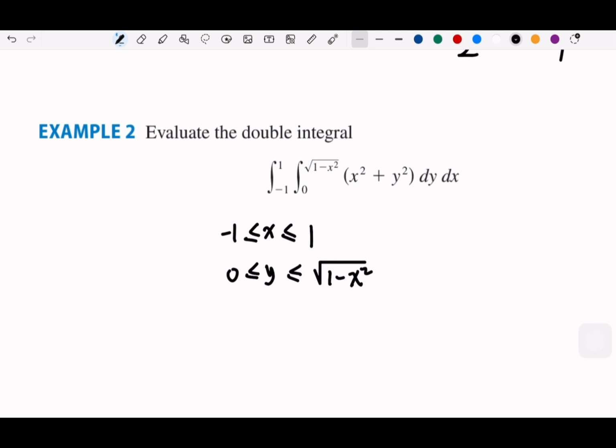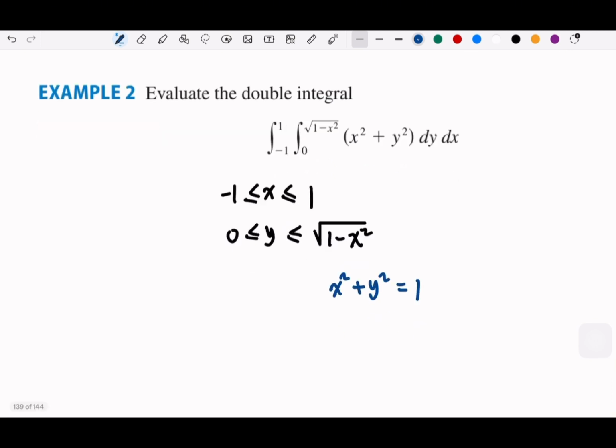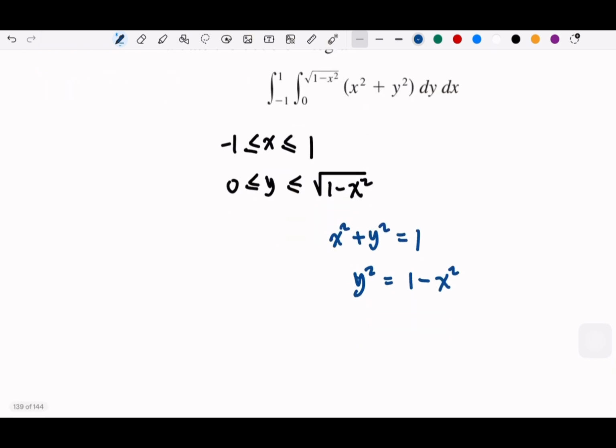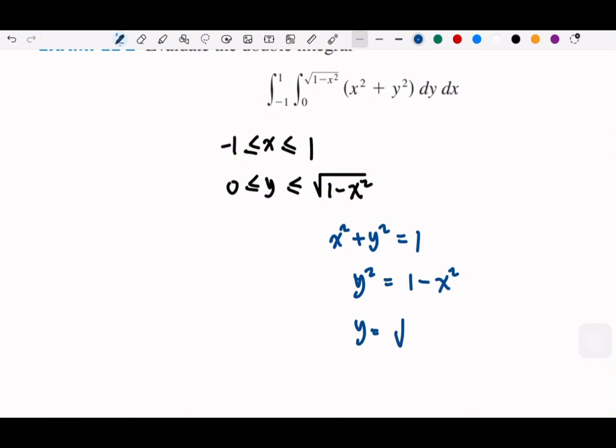This is just x squared plus y squared equals 1, the circle, but we take only the top half, only the positive one. So we can think about x squared plus y squared equals 1, and from here we can write this and make it into this. And don't forget plus minus.